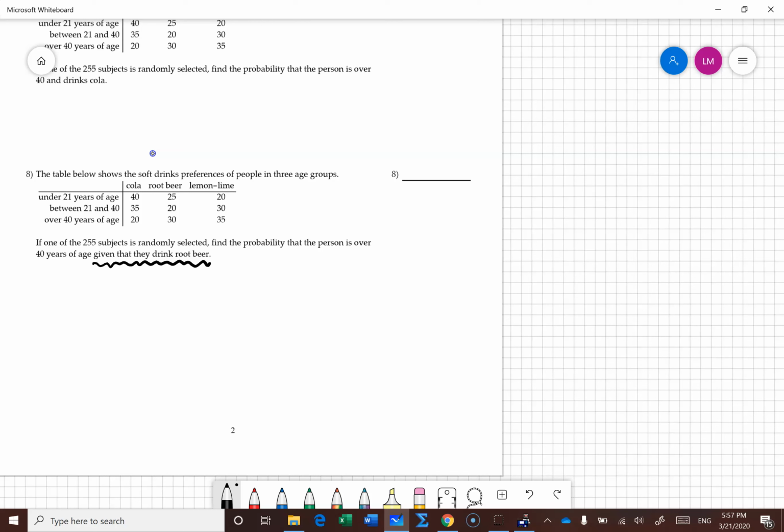Then you don't really look at all 255 people. When it's given that, this is called conditional probability.